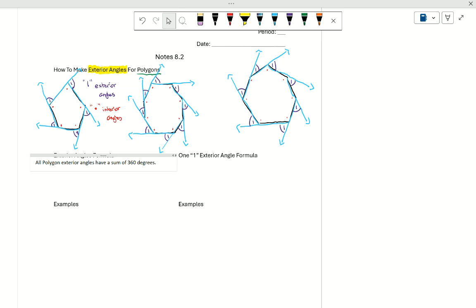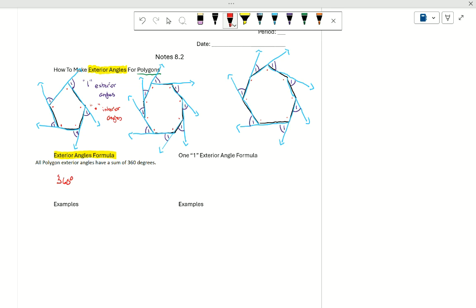Period. End of story. So the exterior angles formula, it's not a formula. It's 360 degrees. Every single polygon, if you added up all the exterior angles, they all add up to have a sum of 360 degrees.